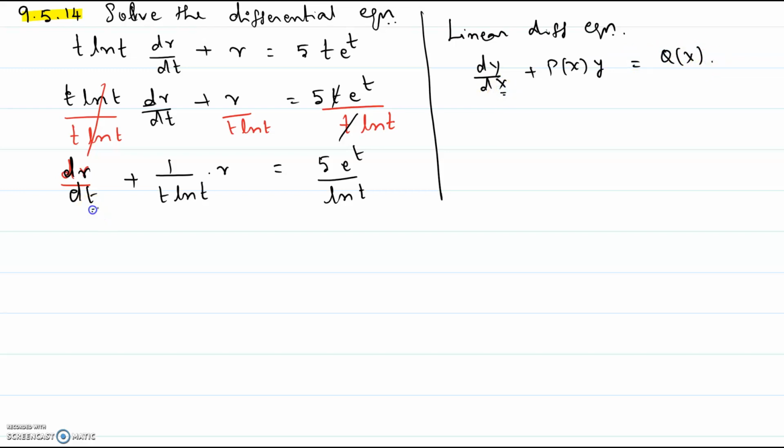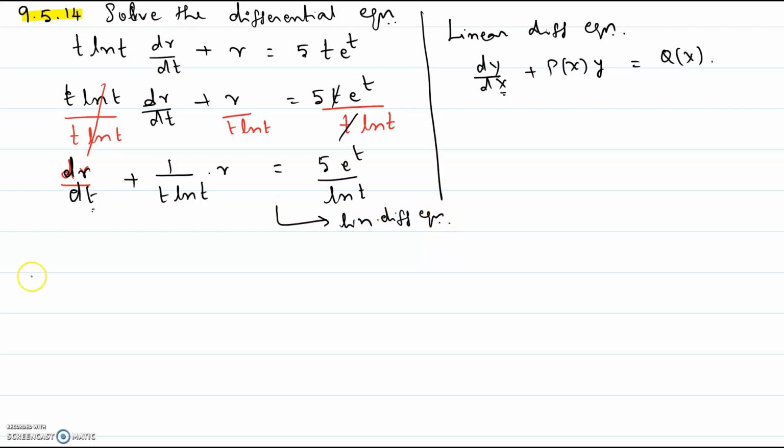Here t is the independent variable and r is the dependent variable. So you get dr by dt plus 1 over t ln t times r equal to 5 e to the t over ln t, which looks exactly like a linear equation. So it's a linear differential equation.